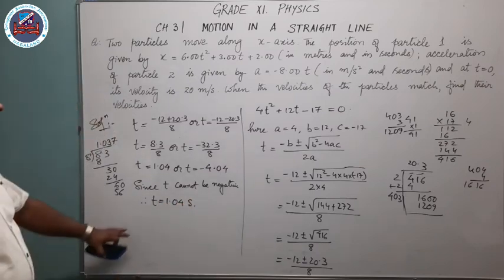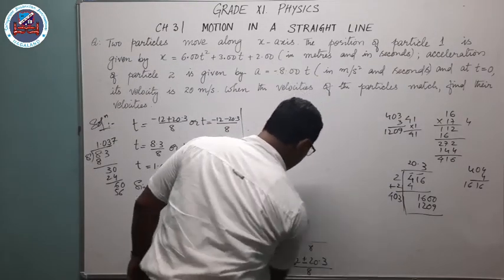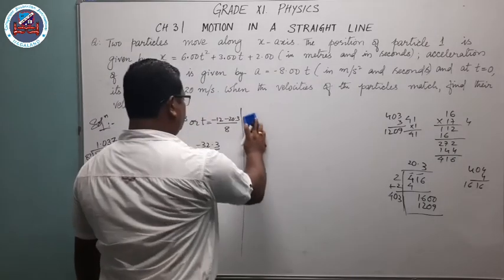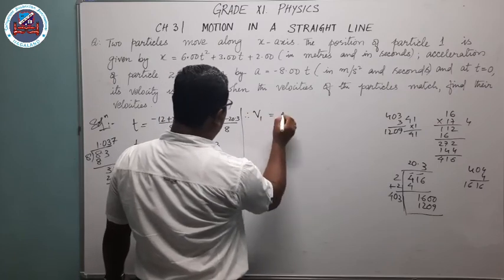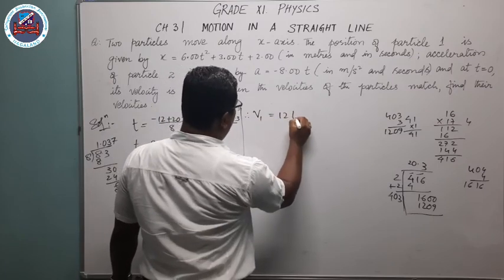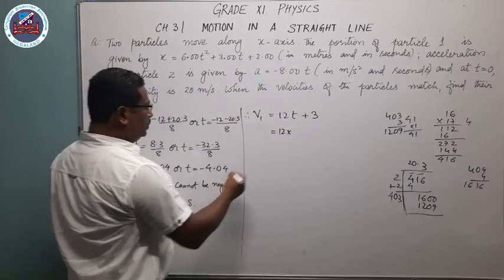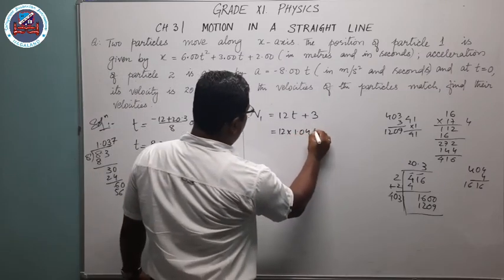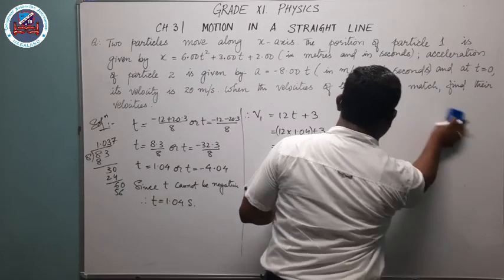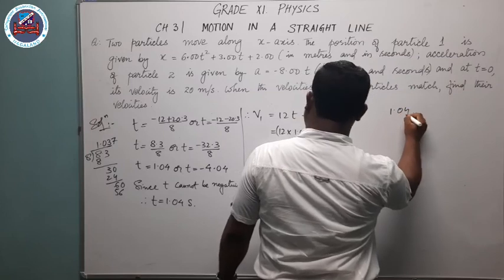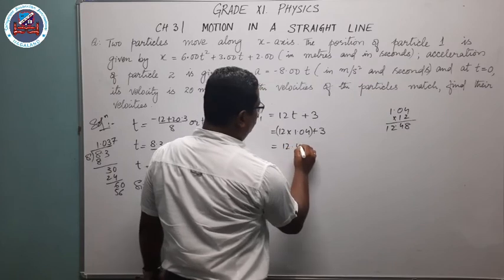Now after you find the time, you have to find their velocities. What was V1? That we have to know. V1 and V2 both are equal, therefore V1 is equal to 12t plus 3, so 12 into 1.04 plus 3. 1.04 into 12 is 12.48, plus 3.